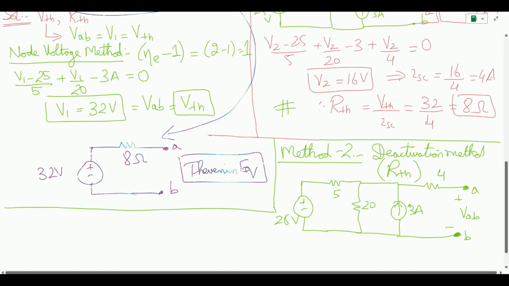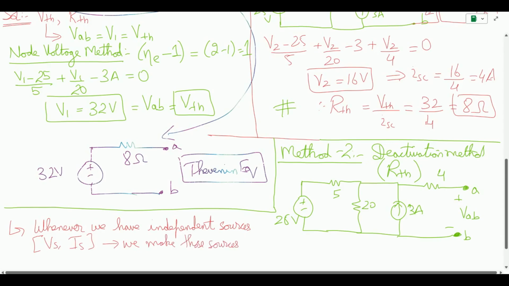Deactivation means that whenever we have independent sources, not the dependent, please remember, not the dependent, whenever we have independent sources, those sources being voltage source and current source, we make them equal to zero.